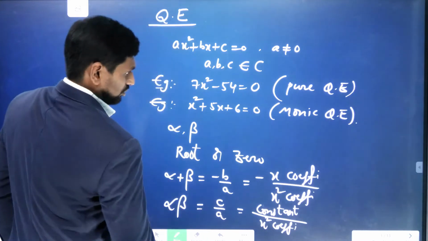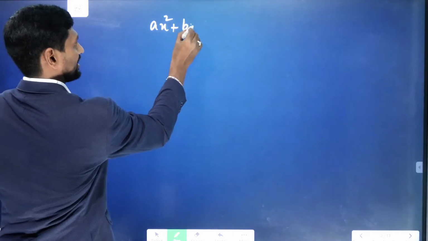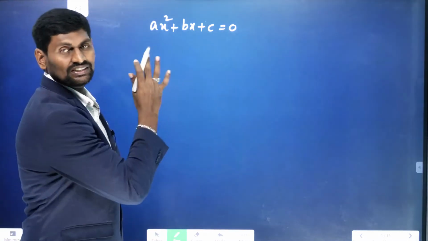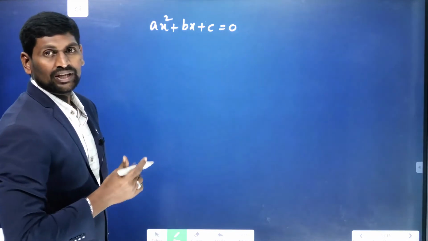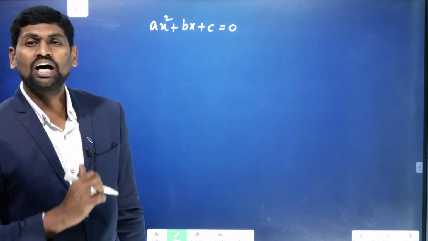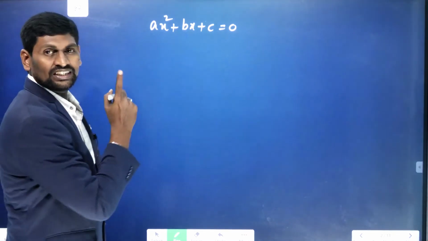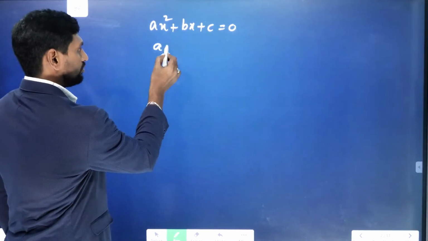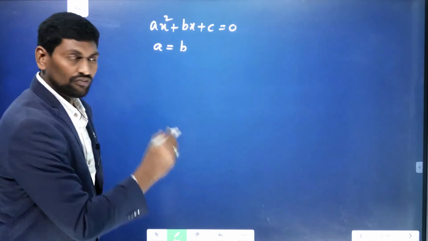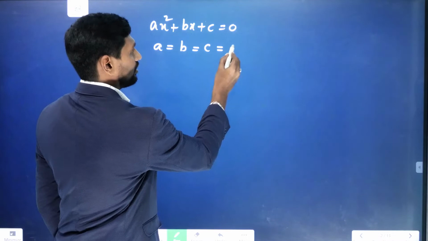So if ax square plus bx plus c is the general form of a quadratic equation, identity means it should have more than two distinct solutions. Here the a value is the x square coefficient, the b value is the x coefficient, and the c value is the constant term, all equal to 0.